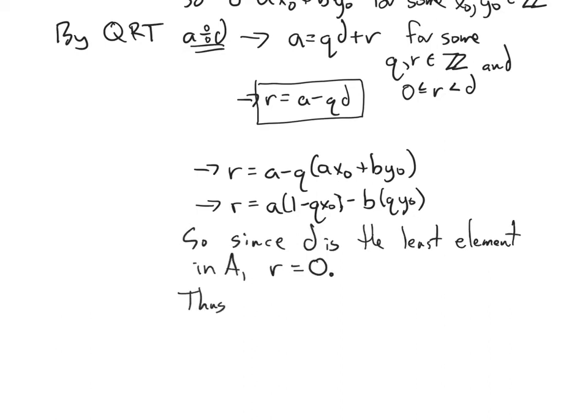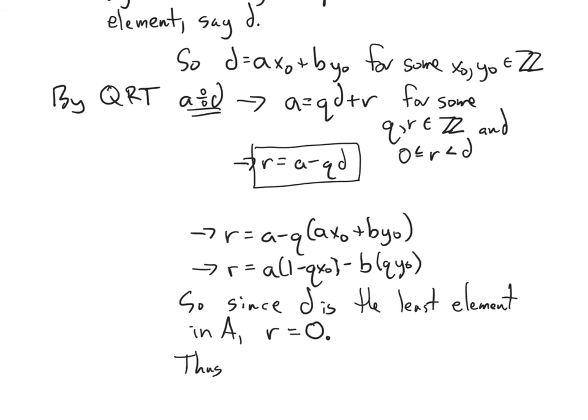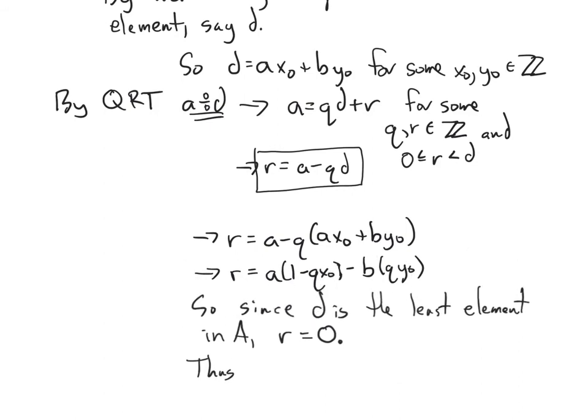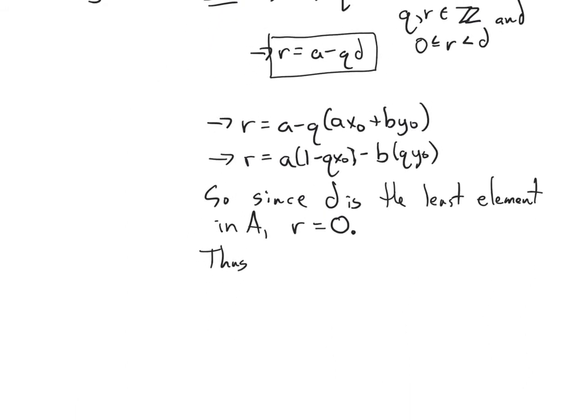So what does this mean? Let's go back up here for a second. We're writing A as QD plus R, but if R is 0, we get A equals Q times D. So A is a multiple of D. If A is a multiple of D, that means that D must be a factor of A. And we can just repeat this.